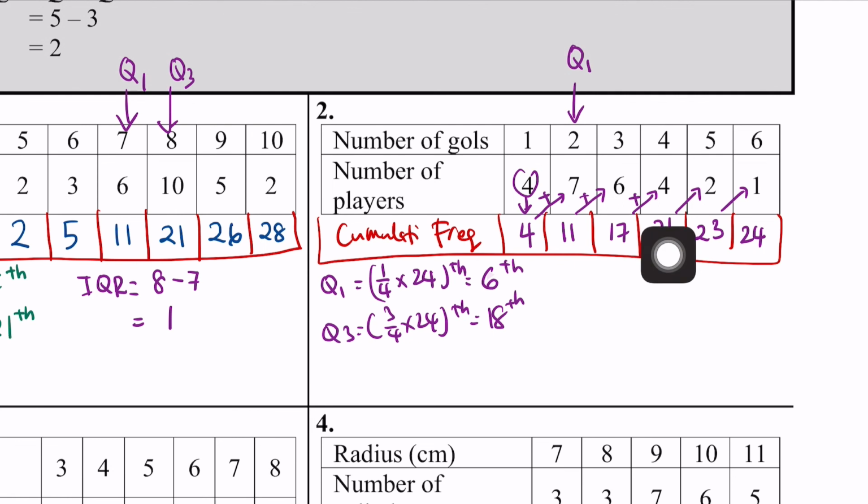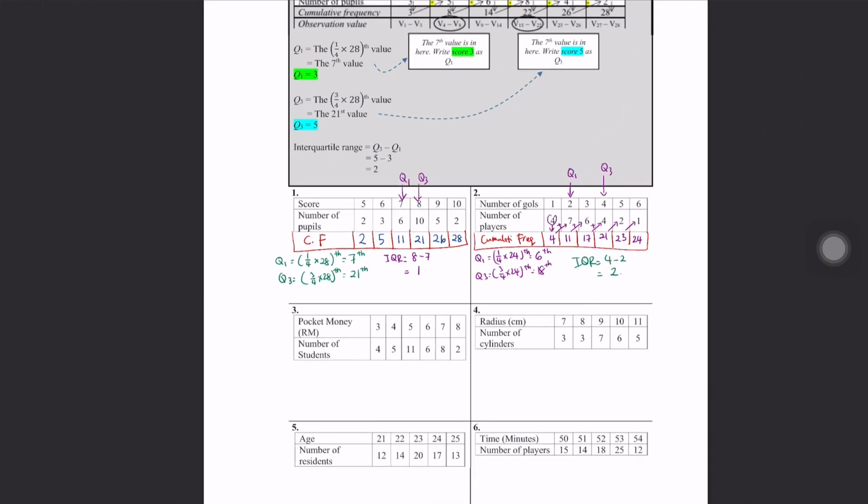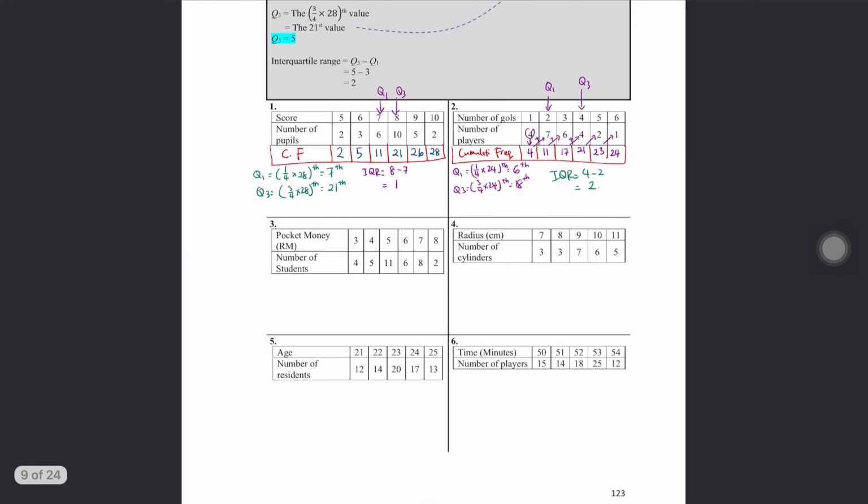So 18 ada di dalam sini. So this is third quartile. So nak cari interquartile range, IQR is equals to 4 minus 2 is equals to 2. Macam itulah nak kira interquartile range.